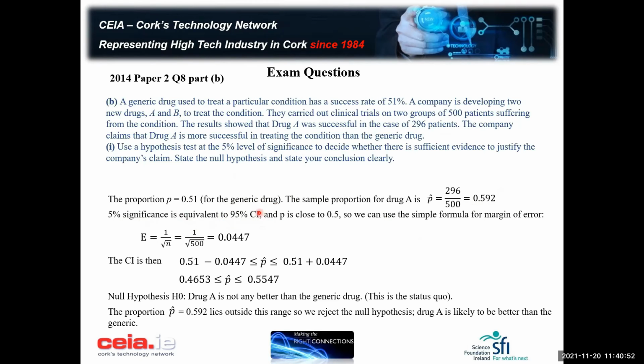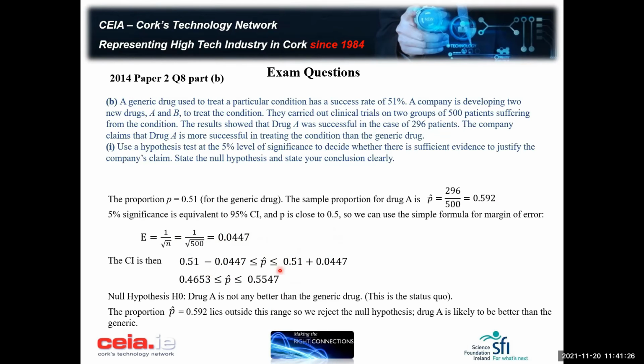That's the empirical rule you can use here. And also, since both of these p's are very close to 0.5, you can use the simple formula for margin of error if you like, which is E is 1 over root n. And in that case, it's 0.0447. If you wanted, you could use the full formula from before to be slightly more accurate. But in this case, this is probably accurate enough.